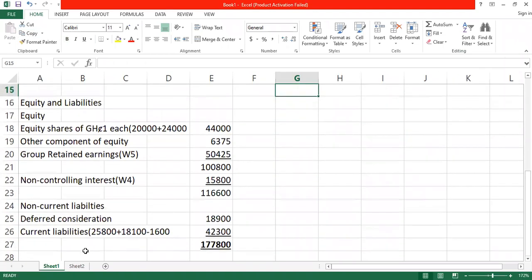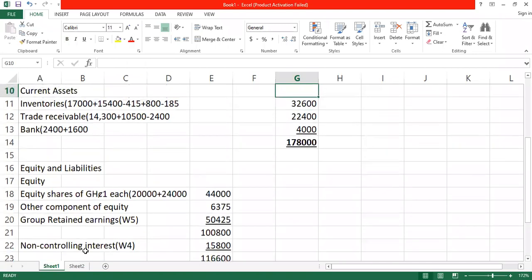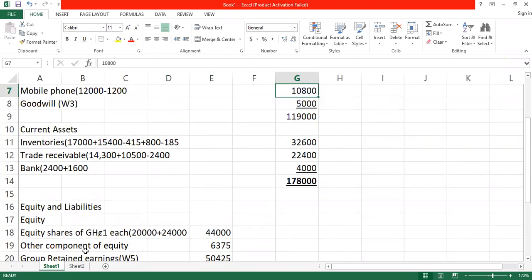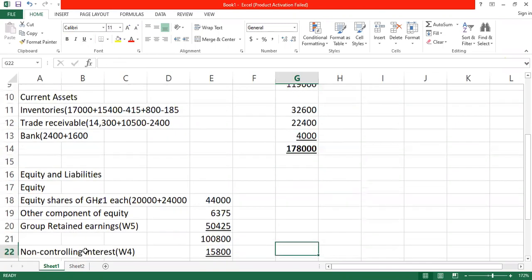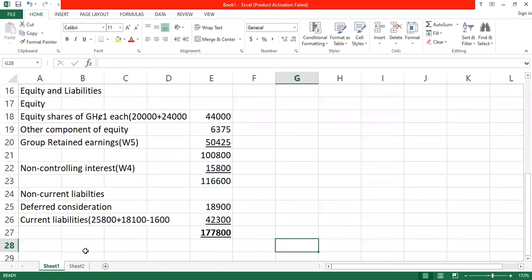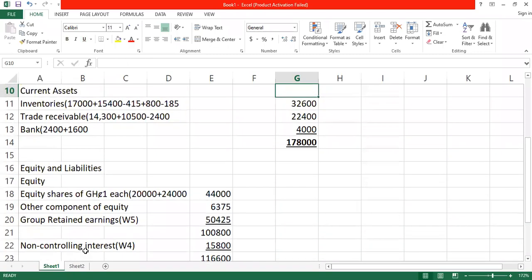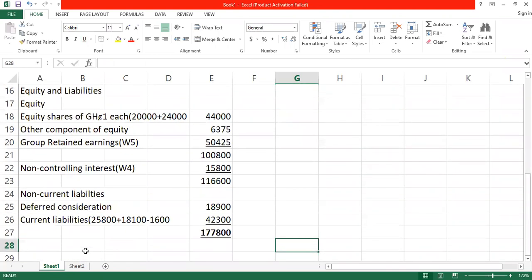Where is the 800 coming from? There's a difference of 200.